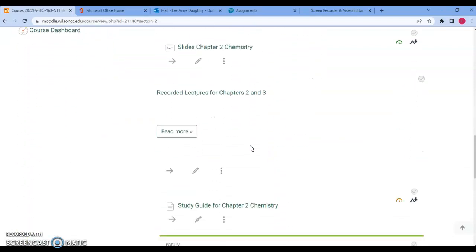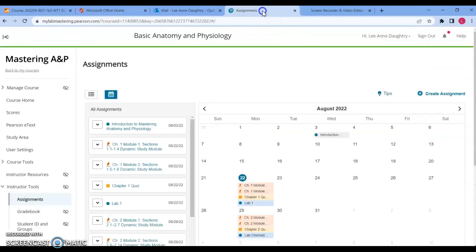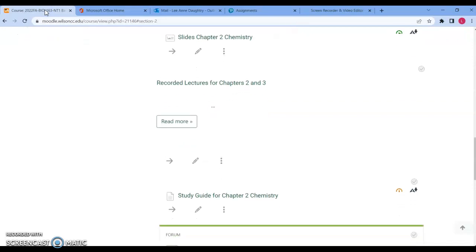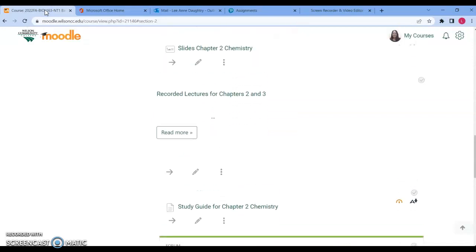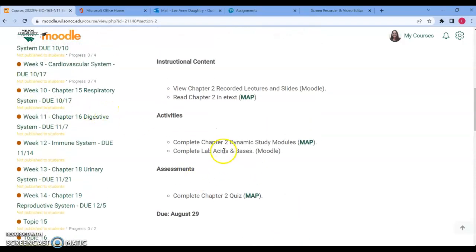It says that is in Moodle, and it's not. Let's look back at assignments. No, the chemistry lab is in Mastering A&P. I apologize for these mistakes, but at least doing this, I know to correct them. But you do have, again, for next week, a lab that's in Mastering A&P, not Moodle, and then you have a Chapter 2 quiz in Mastering A&P.